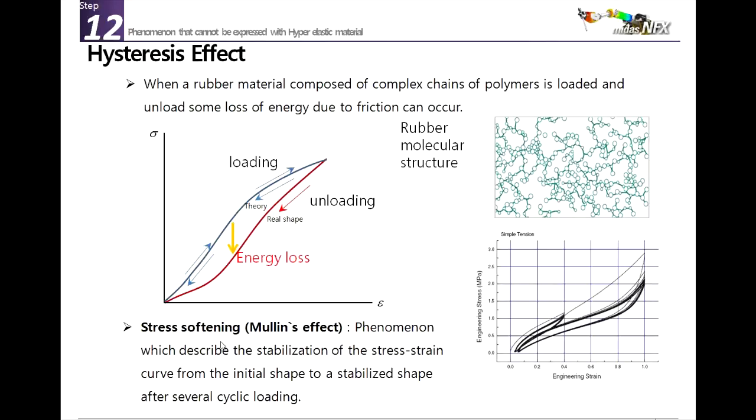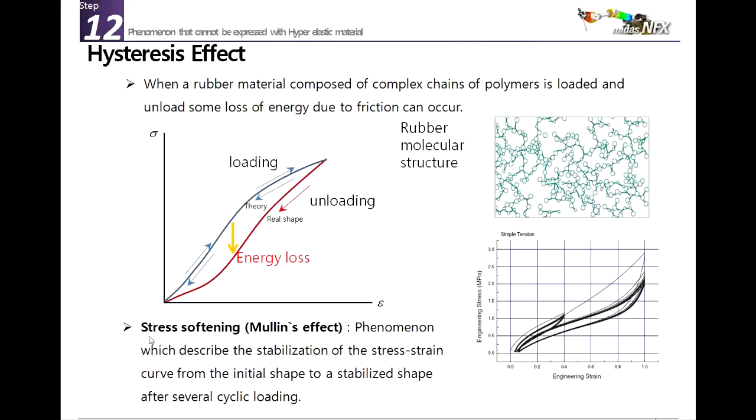If you look at the curve here, you can think of the loading and unloading. The energy loss can be represented like that. So it means that if the rubber material you are using never had any deformation, the curve of this material will change after a few cycles. This is called the hysteresis effect.